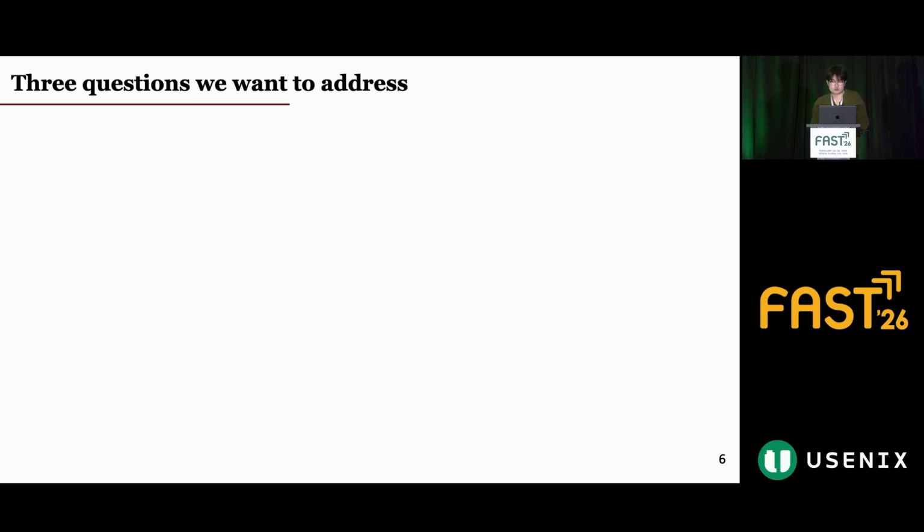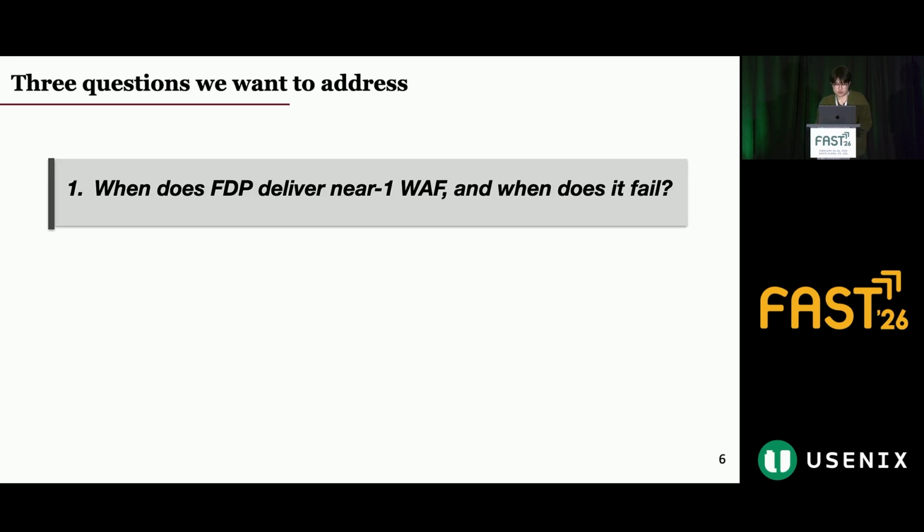To open this black box, we organize our work around three research questions. First, when does FDP deliver near 1.0 WAF, and when does it fail? In other words, what are the root causes that prevent FDP from eliminating write amplification entirely?